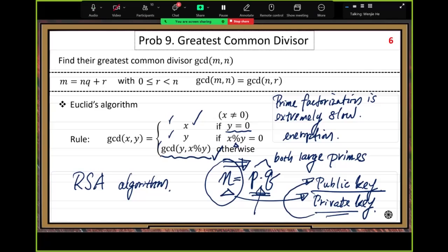But the hackers only have the public key, they don't have the private key. So they cannot apply the fast RSA algorithm to find p and q. They have to do the prime factorization to get p and q. That's extremely slow.